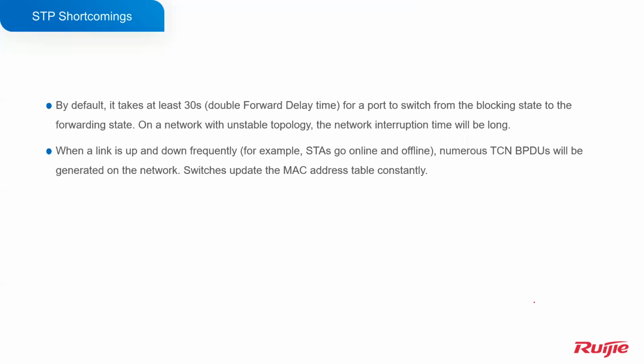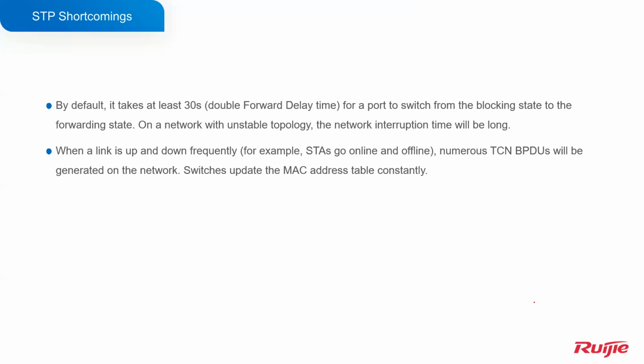Switches update the MAC address table constantly. And if we constantly update the MAC address table, it will also affect the efficiency of the network. Okay, this is about the STP shortcomings. And in the next part, we're going to introduce another mode of STP that can be used to overcome these shortcomings.